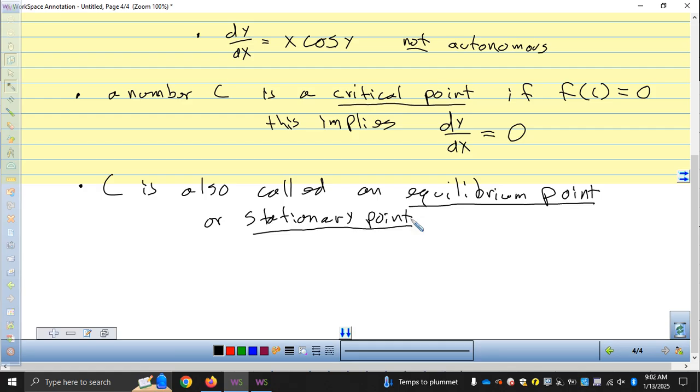And we call it an equilibrium point or a stationary point if we think of some curve. Well, we're at a maximum or a minimum. At that point, our function is neither increasing or decreasing. It's at equilibrium. It's stationary for an instant.